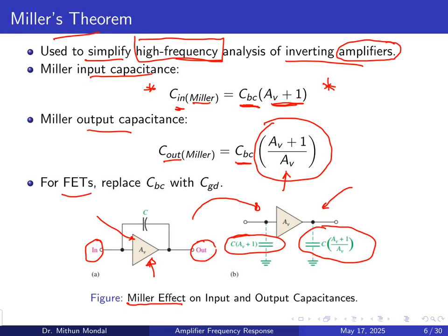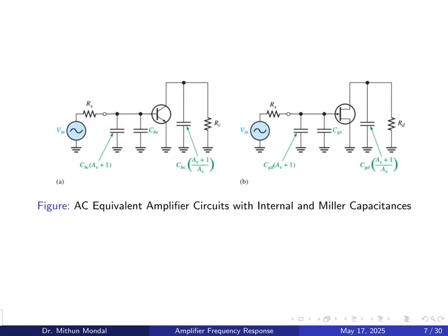If we talk about the FET, we have to replace the base-to-collector capacitance with the gate-drain capacitance. That's the difference; otherwise the circuit remains the same. Here this is your BJT circuit and this is your FET circuit. We will introduce the concept of Miller and determine the input and output AC equivalent circuit.